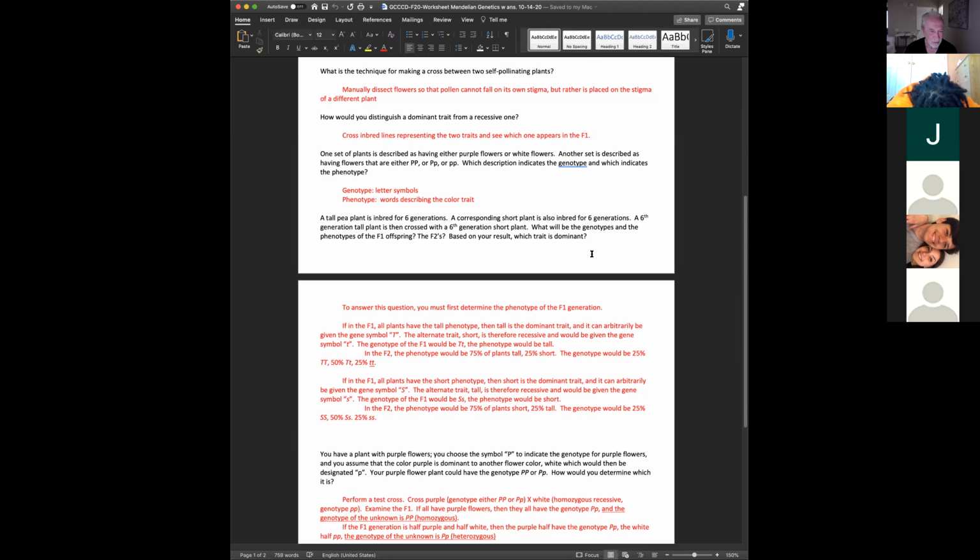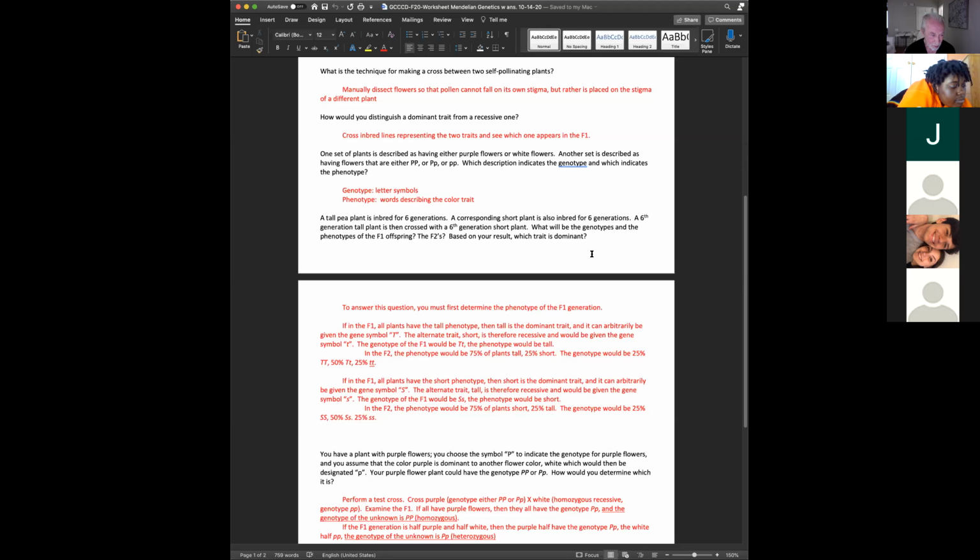So you do an F1, and if in the F1 all the plants are tall, then tall is the dominant trait, and you can give it the gene symbol big T. The alternate trait would be short and is therefore recessive, and would be given the gene symbol little t. So the genotype of the F1 would be big T, little t, and the phenotype would be tall.